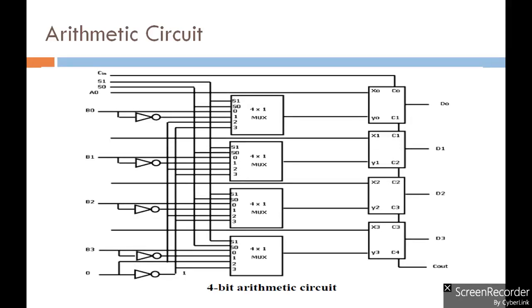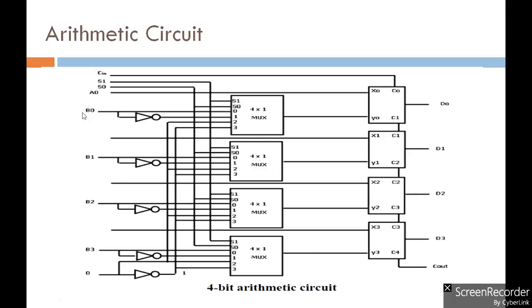First of all, S0 and S1, these two are the selection lines that are attached to each and every multiplexer, and as we know, a multiplexer is used to select from its available inputs using its selection lines. It will choose which one of the inputs to transfer to its output line from the value of the selection lines, right? Now let's see which are the 4 inputs.